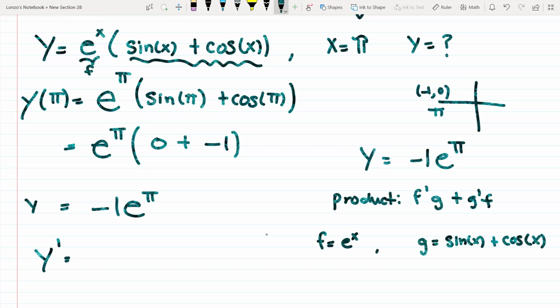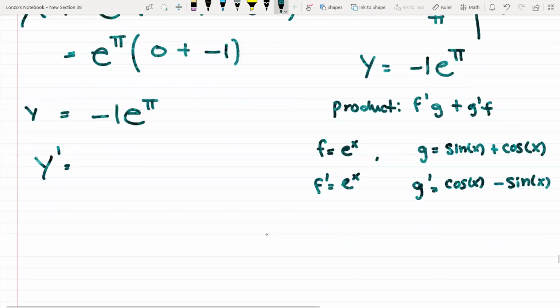So f prime, the derivative of e to the x, is e to the x. For g prime, the derivative of sine of x is cosine of x, and the derivative of cosine of x is negative sine of x. Now we just apply the product rule.